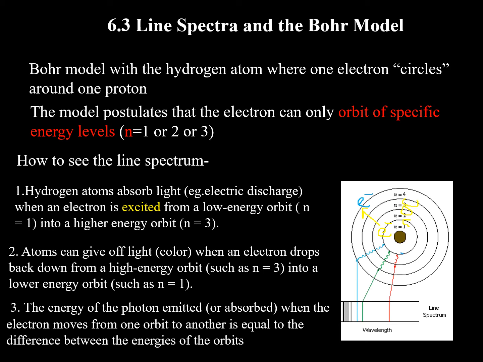Here we see the corresponding change from one level to another will give us a particular wavelength. So in this example, if we went from n equals 4 to n equals 1 in blue, that emission will give us a blue color in the line spectrum.